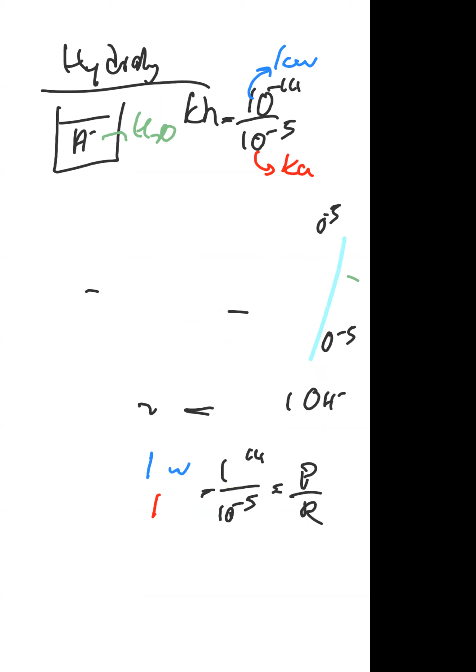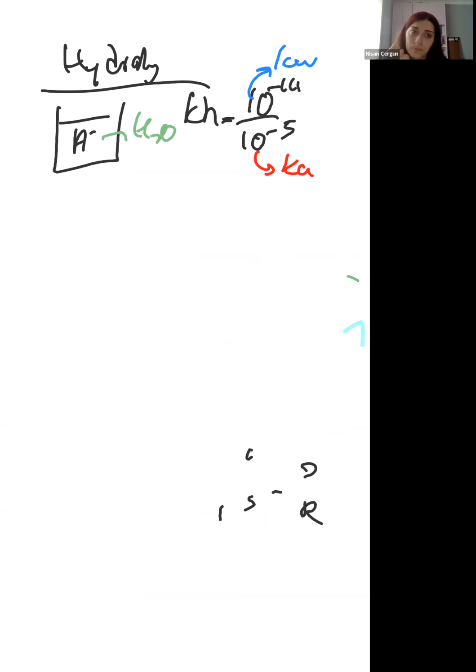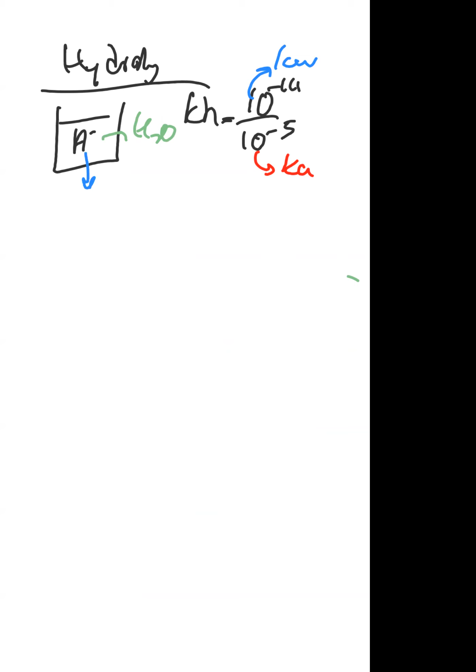Then let's add some numbers to our phenomena. Let's say the concentration of A minus is 10 to minus 1 mole. What will be the pH of this solution while A minus is hydrolyzed?